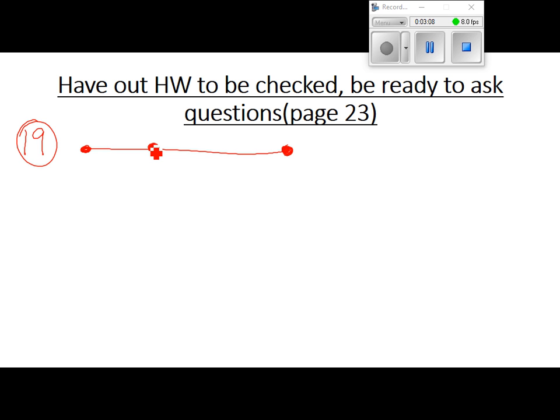Now they told us somewhere in the directions what the name of this point had to be. What did they say the name of this point here had to be? Everybody agree why? How about these 2 points? On 19, so I don't have to keep trying to look back at the book.